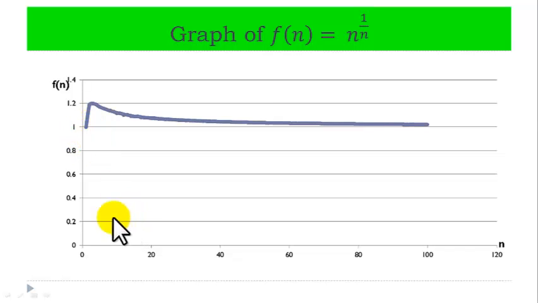At n equals 2, f of n is 1.2. But starting from n equals 3 to infinity, f of n is tending to 1. So the limit of n raised to power 1 over n as n tends to infinity is equal to 1.